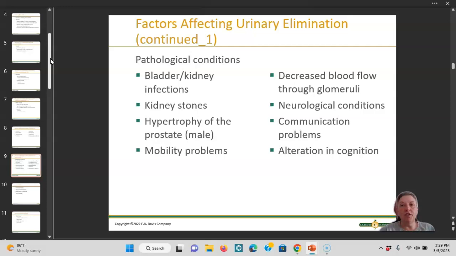Neurological conditions can affect urinary elimination, especially an injury to L1 and 2, lumbar, thoracic, communication problems, and alteration in cognition.